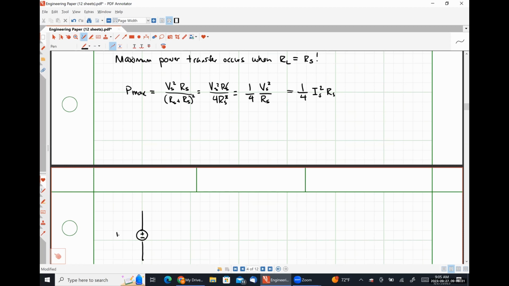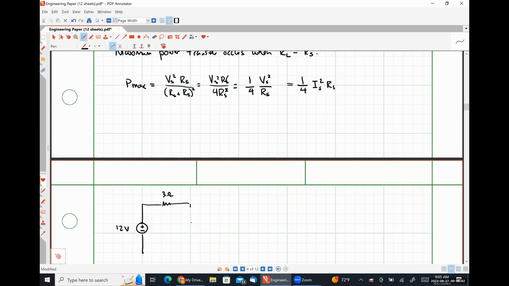So here's the circuit that we're going to look at. We have a 12-volt source, a 3-ohm resistor, a 6-ohm resistor, a 7-ohm resistor, and then some arbitrary load resistance RL.